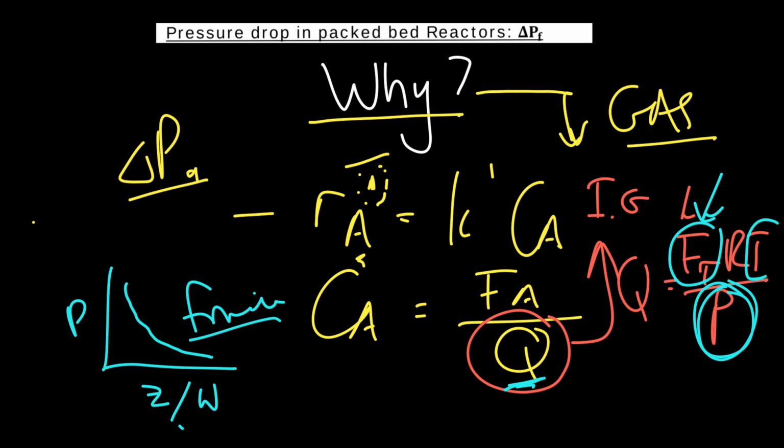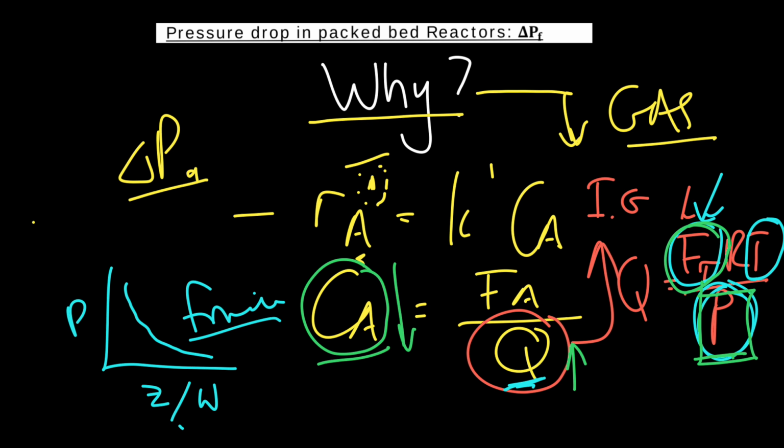Do I have an exothermic or an endothermic reaction? So you treated this part, changes in F_T and C_T. But now we need to factor in the fact that as the pressure drops, Q is going to go up. And therefore, the concentration of my reactants is going to go down, right? So a lower pressure means a lower concentration of reactants, and therefore a lower rate in my reactor at that specific point.